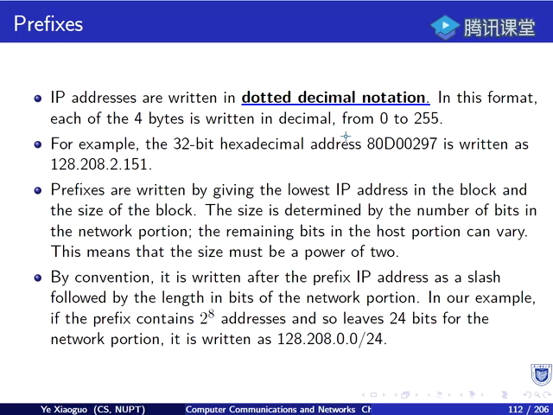For example, the 32-bit hexadecimal address 80D00297, with 4 bytes, is written as 128.208.2.151 in dotted decimal notation.